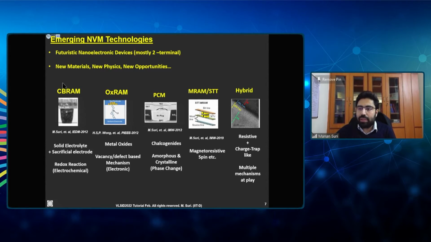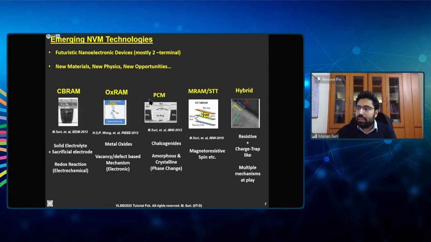It's like an electrolytic cell. So that is where you get a conductive bridge RAM. When you manipulate the vacancies and defects, more electronic effects in your switching layer, you end up with devices like RRAM. When you actually change the phase of the material between amorphous and crystalline phase to realize storage, you end up with a technology such as phase change memory. So we'll go into more details of PCM in today's session. And then when you have magnetoresistive effects at play, then you have things like MRAM, STT, and so on.